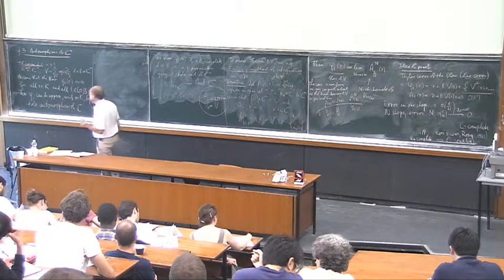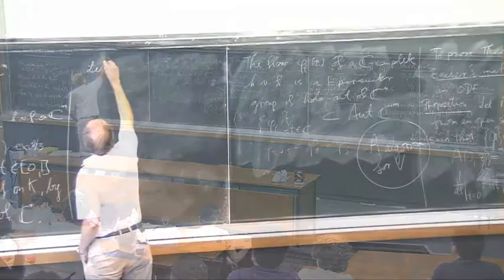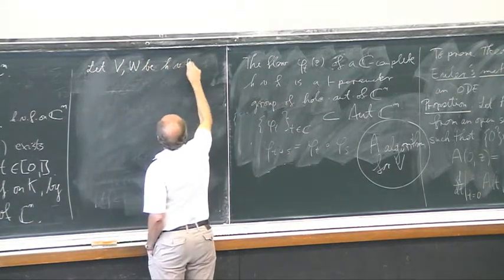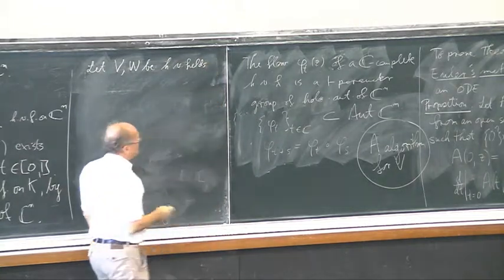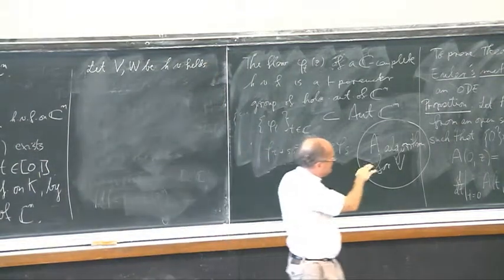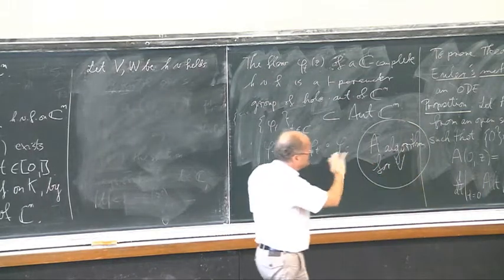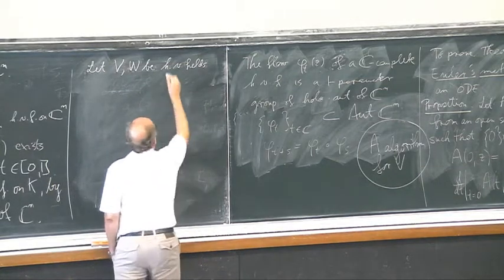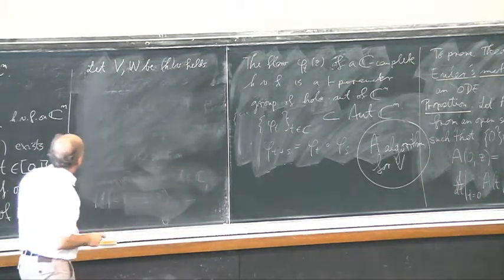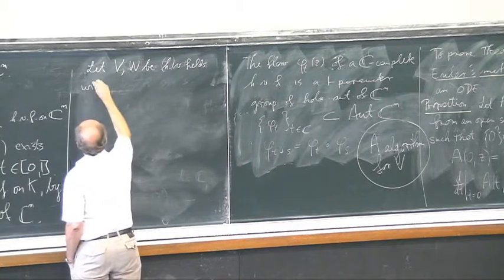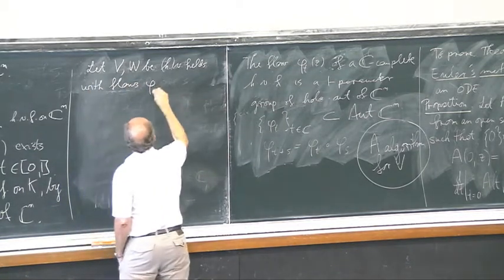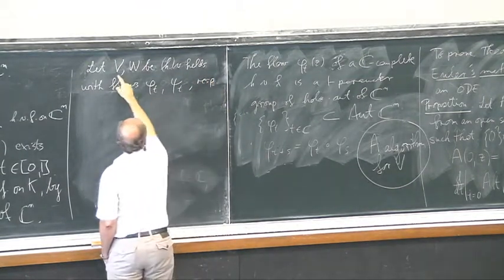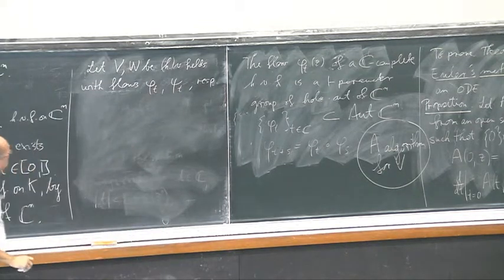Let's say that we have now two vector fields. So suppose now two holomorphic vector fields. Actually, this story has nothing to do with holomorphicity. This is a story for arbitrary vector fields on smooth manifolds. But since we are dealing with, I can put this in parentheses, with flows Phi t and Psi t, respectively. So Phi t is the flow of V, Psi t is the flow of W.